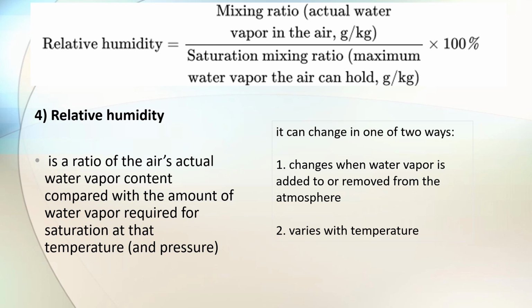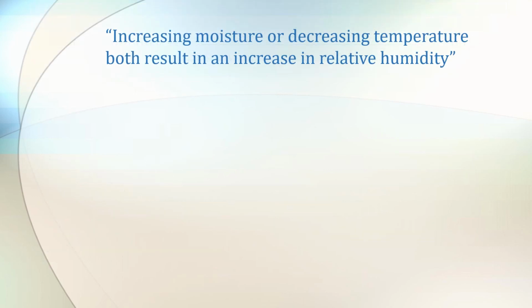And because the amount of moisture required for saturation is a function of air temperature, relative humidity also changes depending on the temperature. Okay, just to give more illustration: apparently increasing moisture or decreasing temperature both result in an increase in relative humidity.